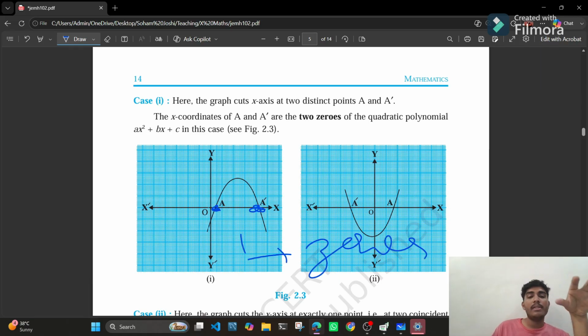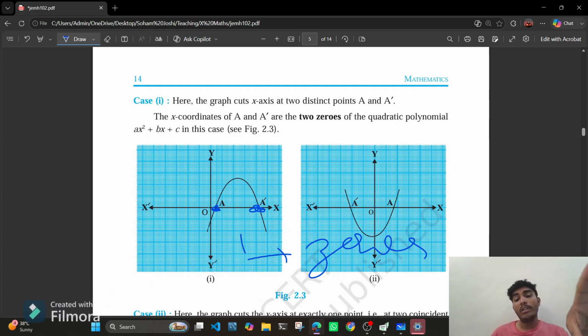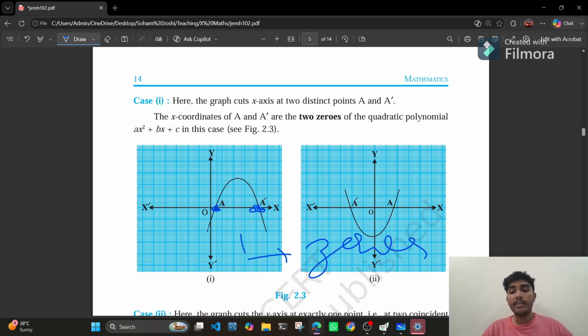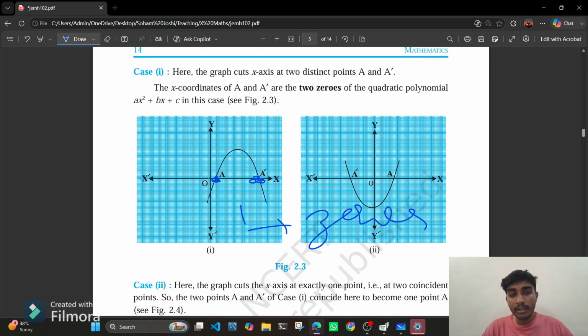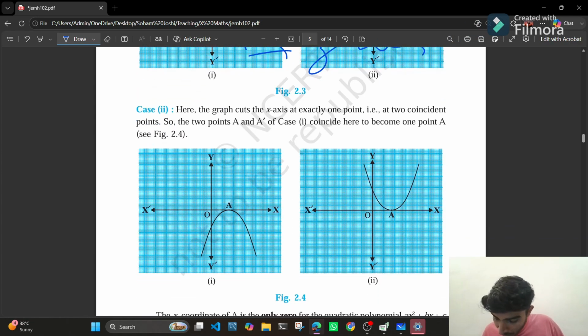The zeros of polynomials are for quadratic polynomial we get two zeros, क्योंकि x square है तो अपने को x की दो वैल्यूज मिलती है जिससे वो इक्वेशन जीरो होगा। जैसे लीनियर पॉलिनोमियल में था, हमको सिर्फ एक वैल्यू मिलती थी जिससे x का वैल्यू जीरो होता था, बट हियर we get 2 points जिससे the quadratic polynomial becomes zero. So for this first case we have got two distinct points A and A dash, so that those are the zeros of the polynomial.